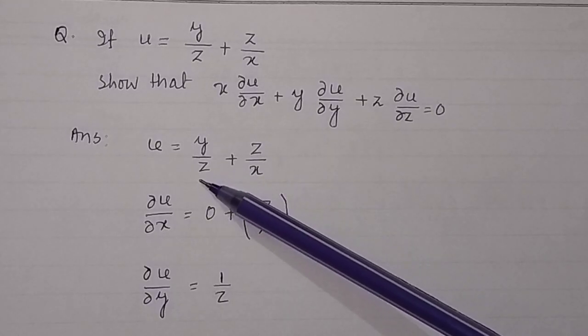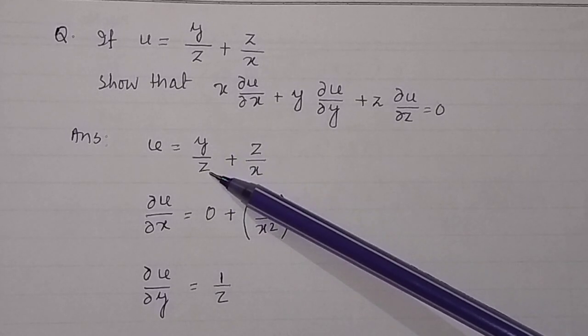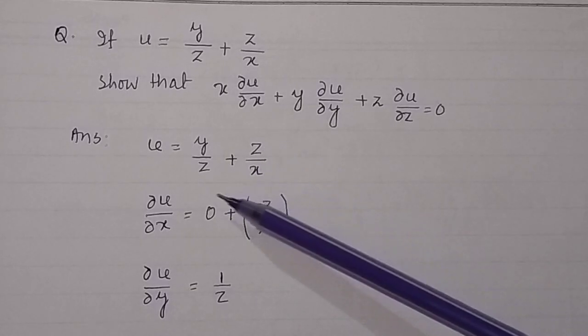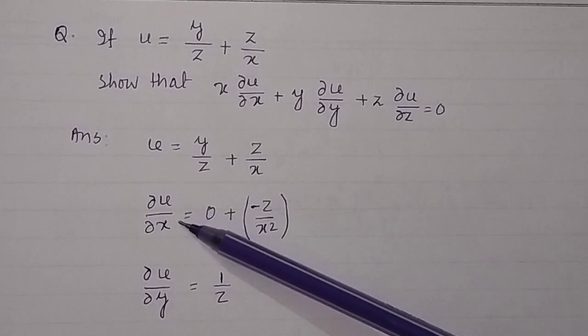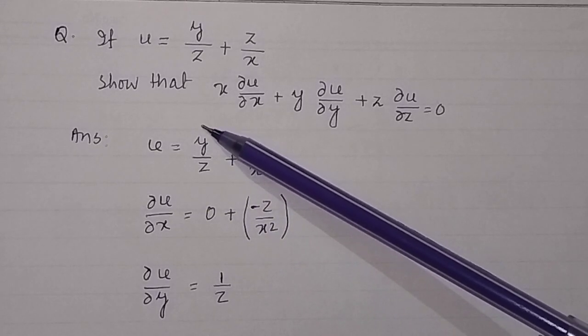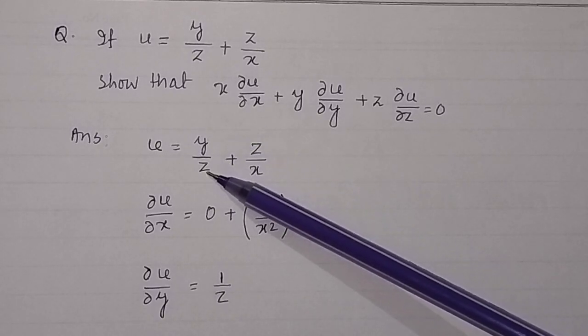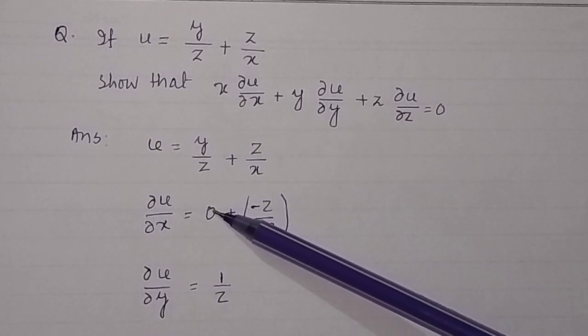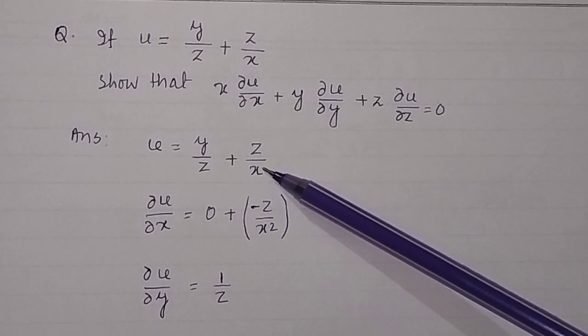So it is given that u is equal to y divided by z plus z divided by x. If you take the first order partial derivative of u with respect to x, what will be the partial derivative of y by z with respect to x? It will be equal to 0. And what will be the partial derivative of z by x with respect to x?